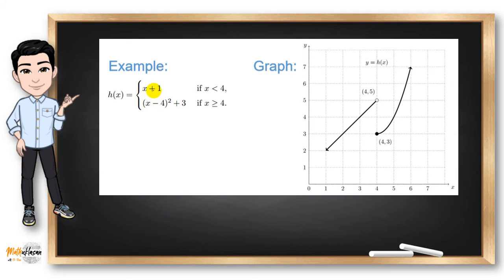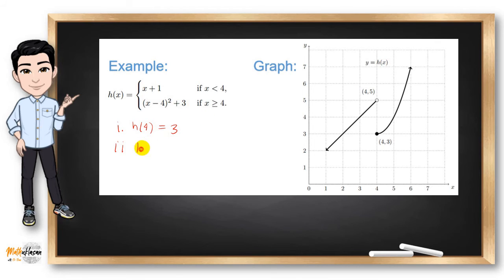Let's take a look at this example. Kung mapapansin nyo dito, pag dinefine natin yung function at 4, h of 4, meron tayong value. Kasi if x is greater than 4, we need to use this expression. So we have 3 here. Kasi 4 minus 4 is 0. Plus 3, that's 3.